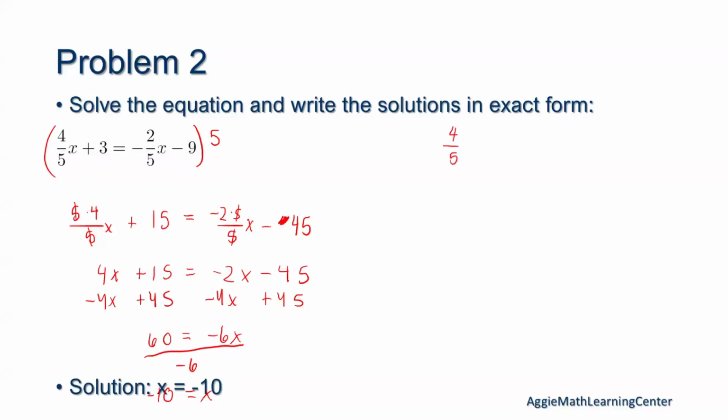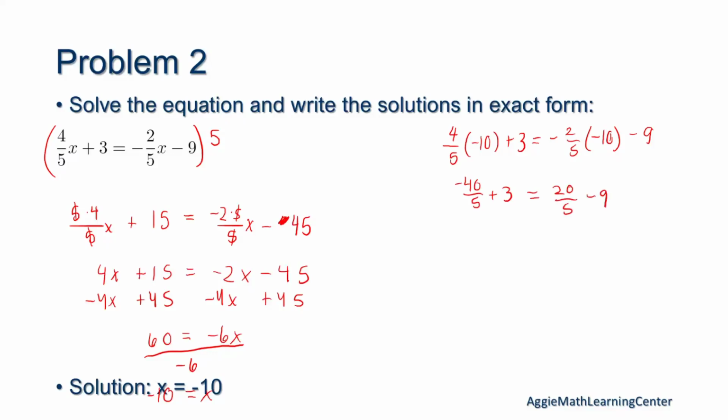So 4/5 times negative 10 plus 3, we're looking that it keeps the equation true. Okay, so that would give us negative 40 over 5 plus 3 is equal to positive 20 over 5 minus 9.